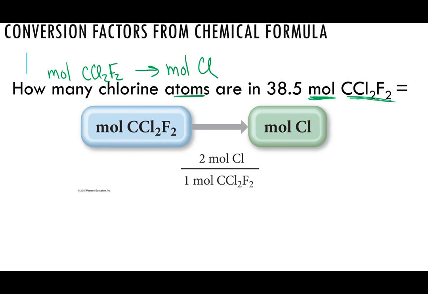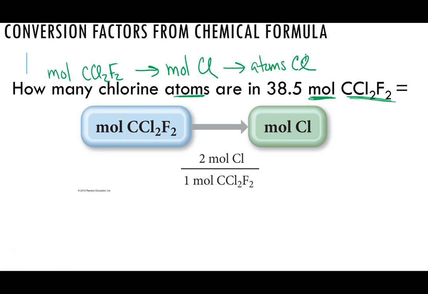And then we've got one more step, right? Then moles of individual chlorine to atoms of chlorine. Okay. So again, this is the only new step right here, breaking it down. This is, again, little review. Okay, so let's go ahead and do this.